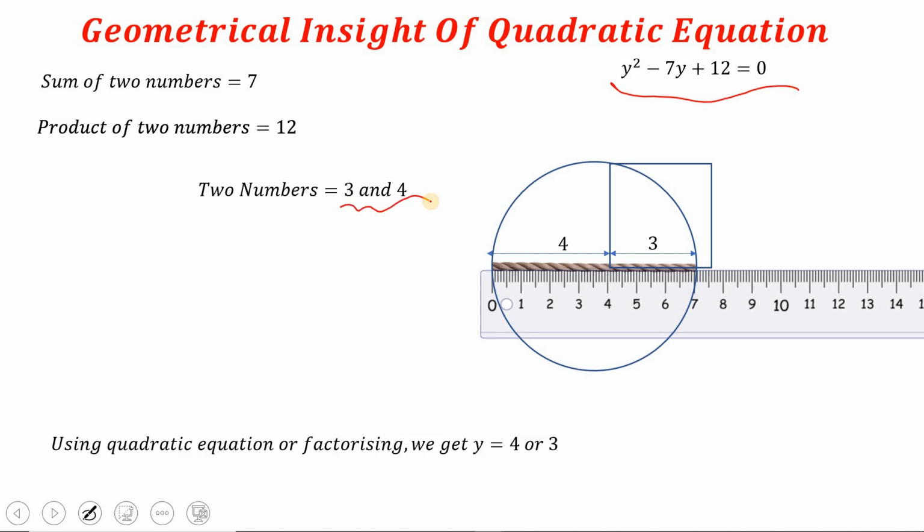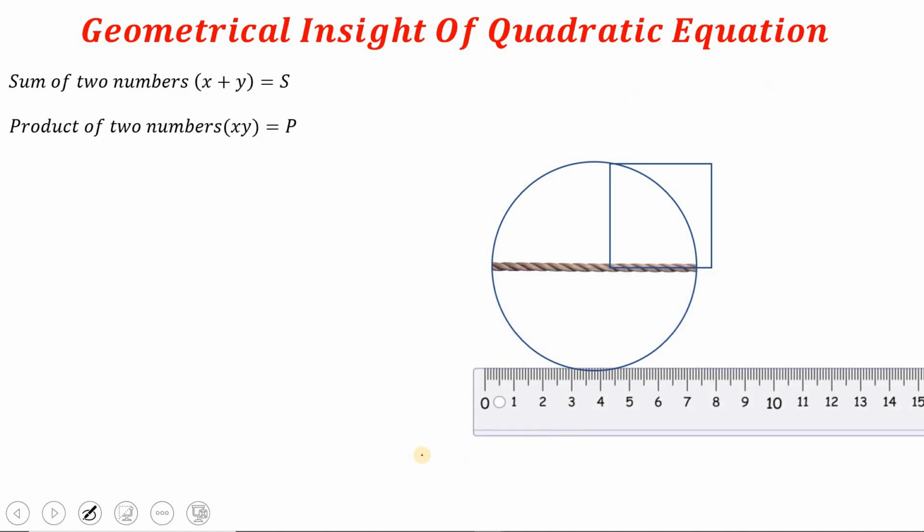By using the quadratic formula, or by using the factorization process, we also get the same result, 4 and 3. So let's talk about why this idea works. At first, we assumed the sum of two numbers to be s.